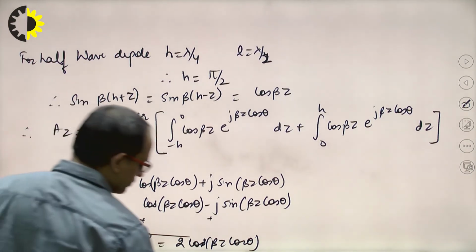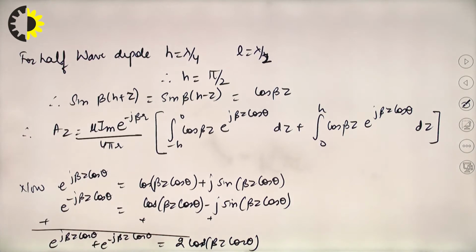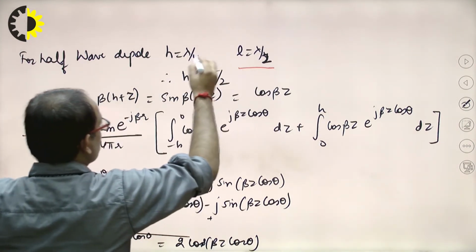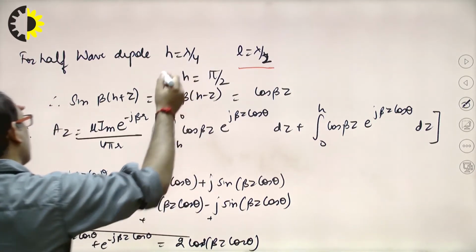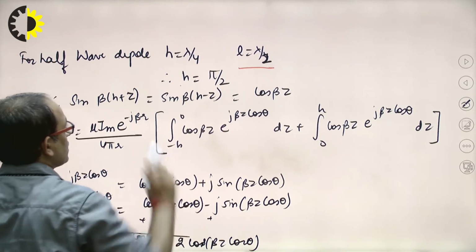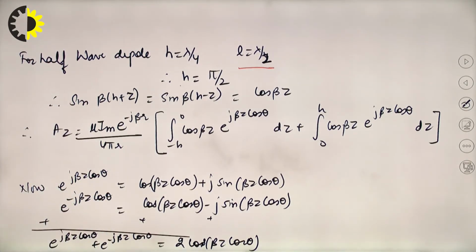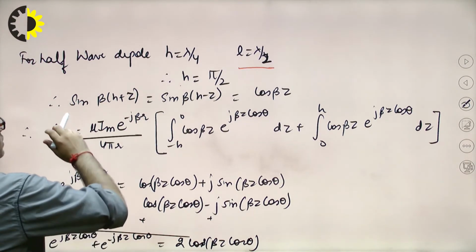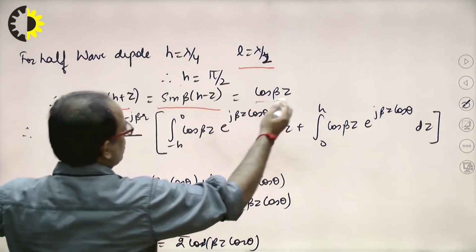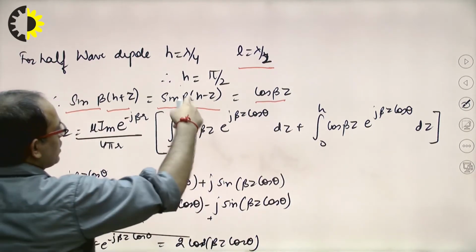Clear? Now see, for the half wave dipole, L equal to lambda by 2, so h will be equal to lambda by 4. When I say h equal to lambda by 4, then beta h will be equal to pi by 2. Clear? Now see, sin beta (h plus z) equals sin beta (h minus z) equals cos beta z, when I put beta h equal to pi by 2.